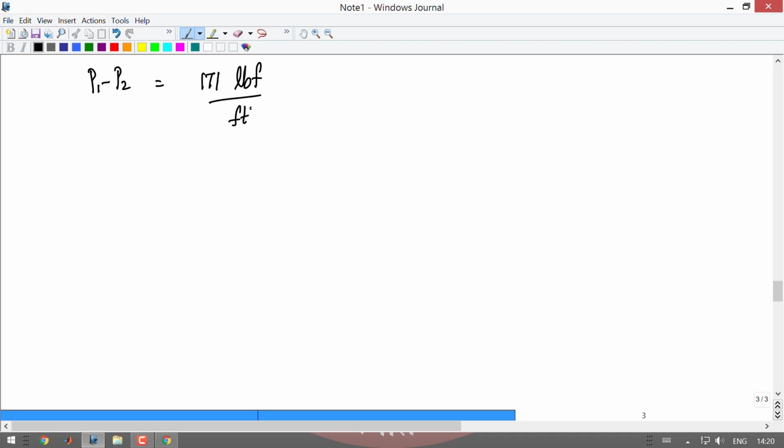But in the question, we are asked to get the pressure difference in terms of LB force per inch square, and 1 feet equals 12 inches. So, LB force per 12 square, 144 times inch square, which is equivalent to 1.1875 LB force per inch square.